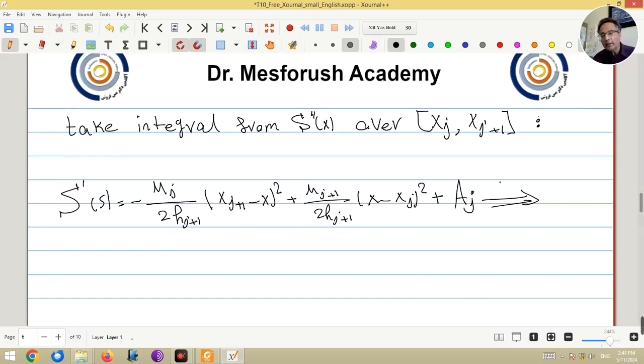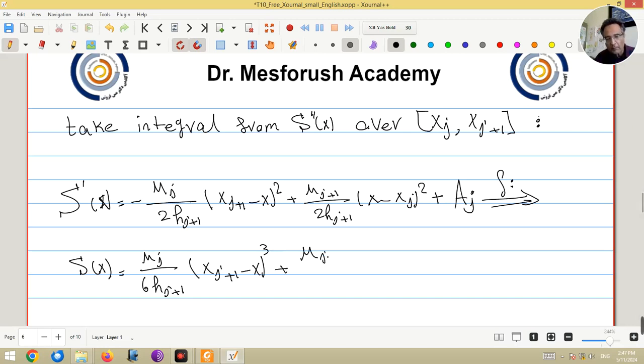Integrate again. We will get s of x is equal to mj over 6hj plus 1 times (xj plus 1 minus x) cubed plus mj plus 1 over 6hj plus 1 times (x minus xj) cubed plus aj times (x minus xj) plus bj.